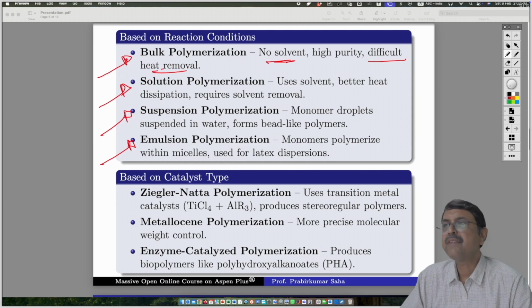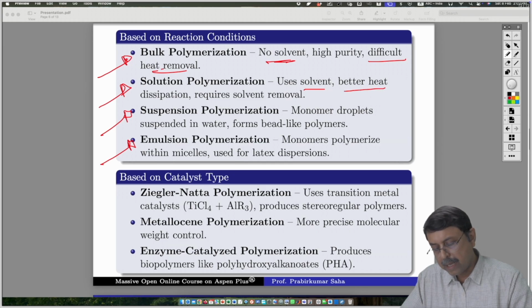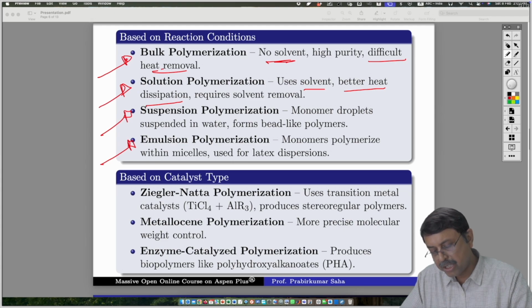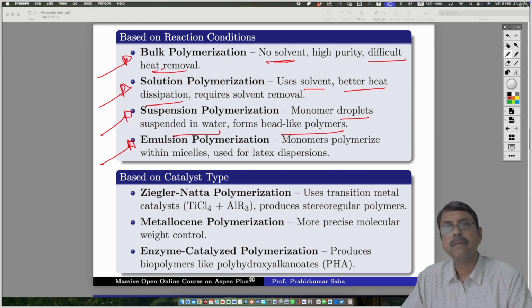On the other hand, we have solution polymerization where we use some solvent, and in a way, the heat dissipation is quite improved, but it requires solvent removal, so purity is the concern. Then we have suspension polymerization, where monomer droplets are suspended in water and form bead-like polymers. And finally, we have emulsion polymerization, where monomers polymerize within the micelles used for latex dispersion.